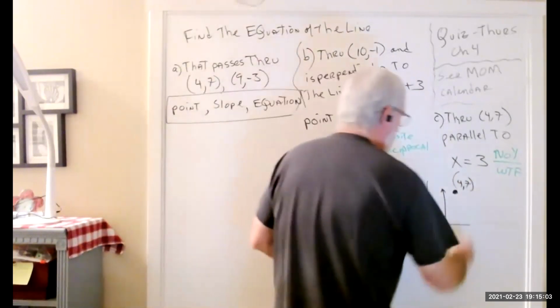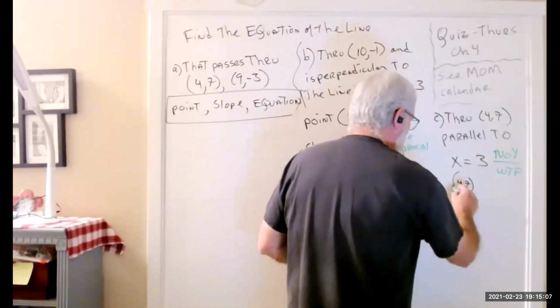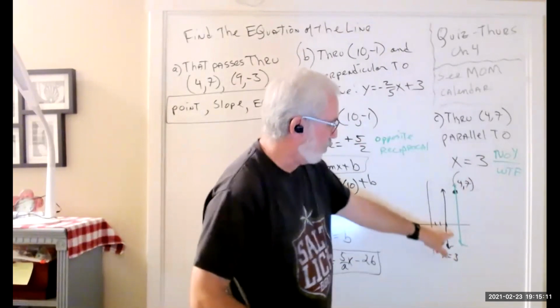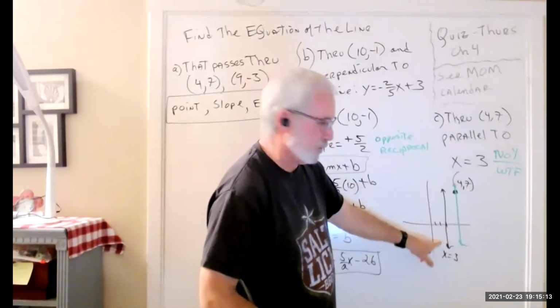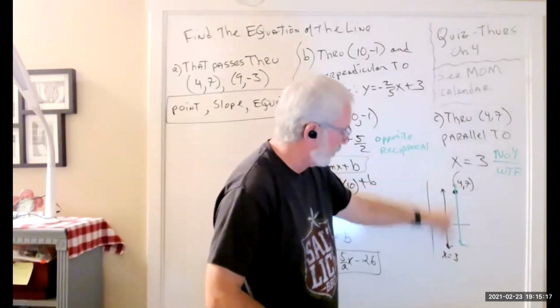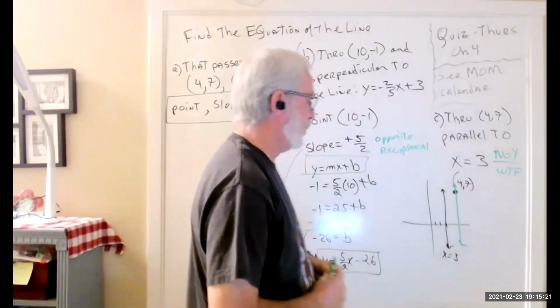So I want that to be my line, that green one, because that green one is parallel to the black one. And the green one goes through (4, 7). Now, what's special about the green line?